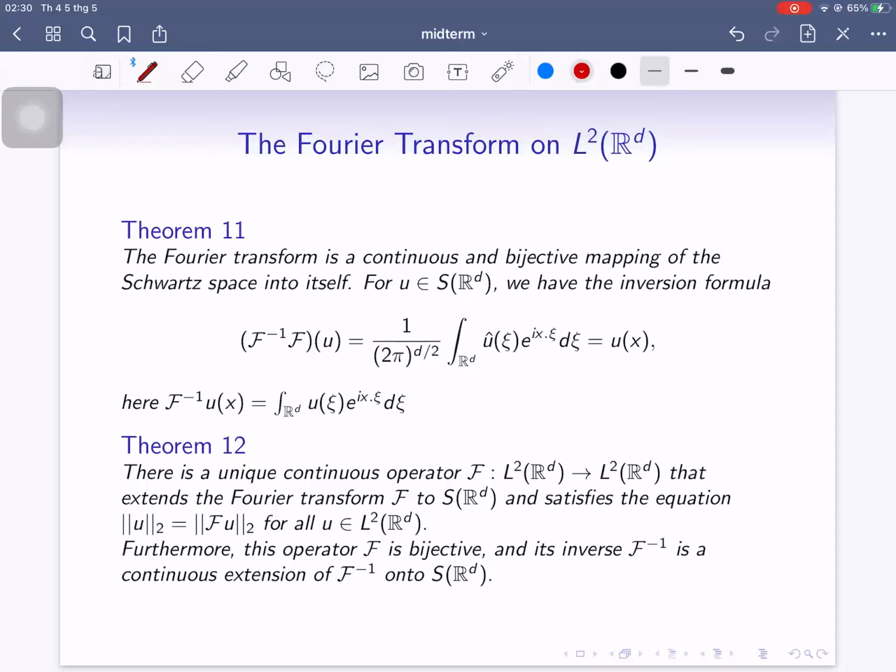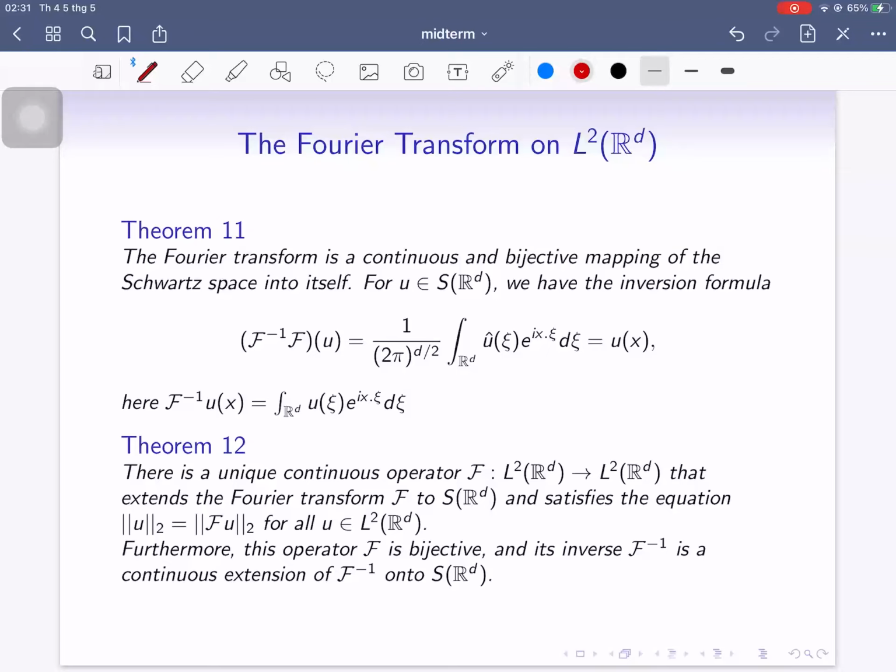Now we go to the main theorem of this section. It is about the Fourier transform being continuous and a bijective mapping of the square space into itself. So now we have theorem 11, which says that the Fourier transform is a continuous and bijective mapping of the square space into itself.